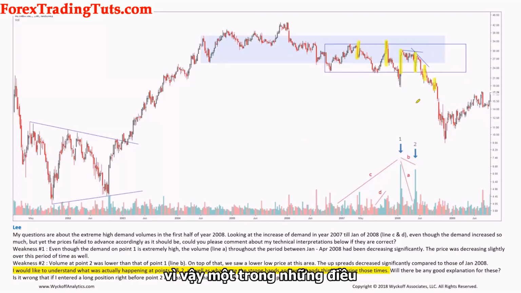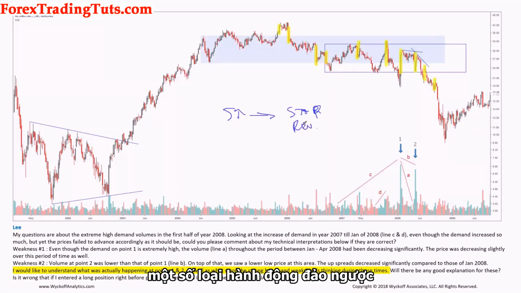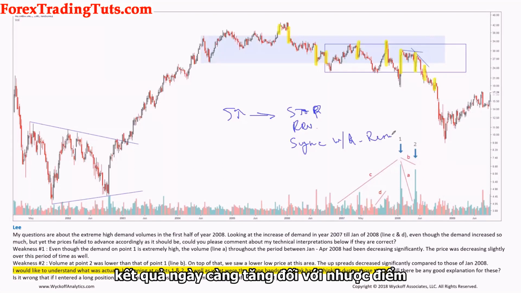So one of the things that we notice right away is we want to notice the areas where supply has come and supply has increased, and it's started producing either a stopping action, some kind of reversal action, and then synchronicity with the increasing result to the downside.